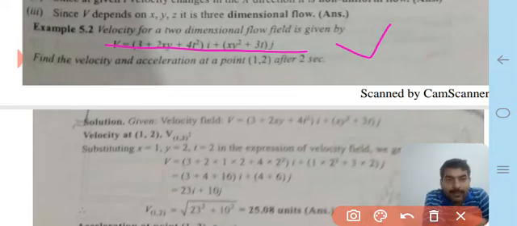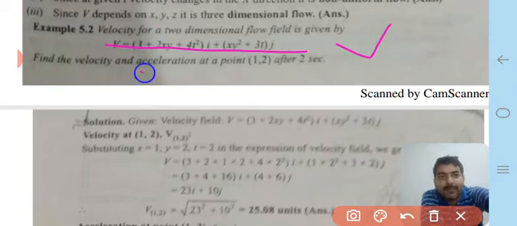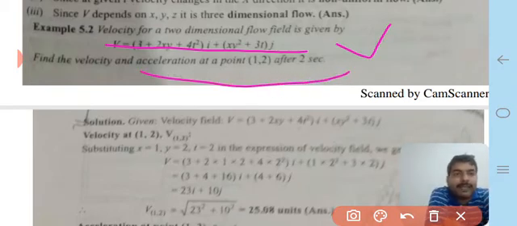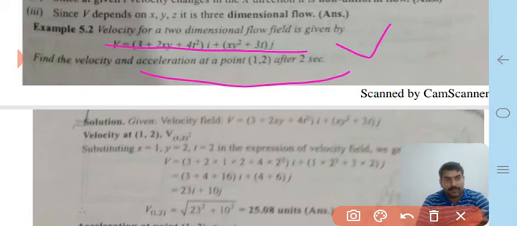Find the velocity and the acceleration at point (1, 2) after 2 seconds. Therefore, in the two-dimensional coordinate system, x is 1 and y is 2, at time t equal to 2 seconds.